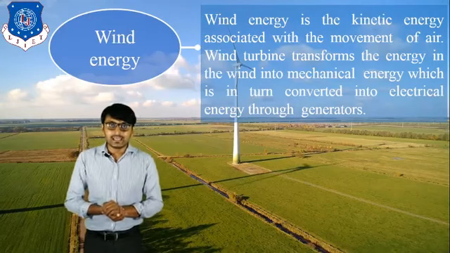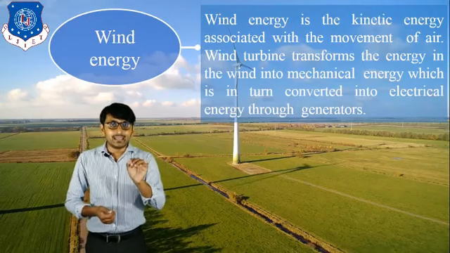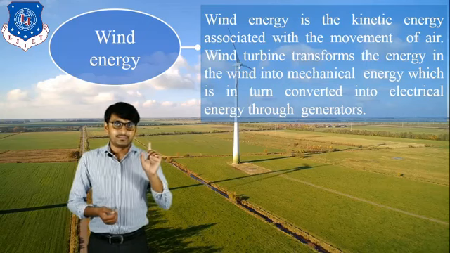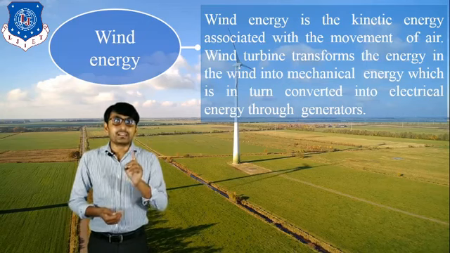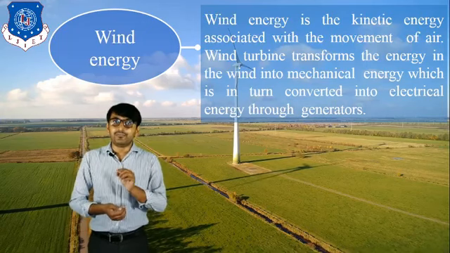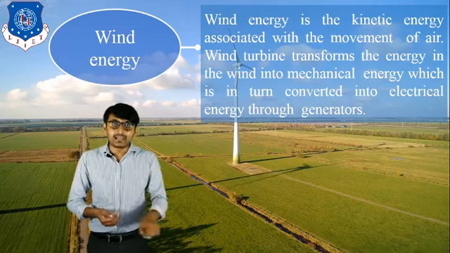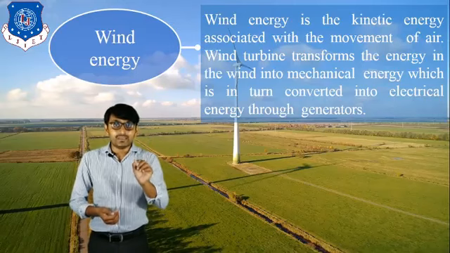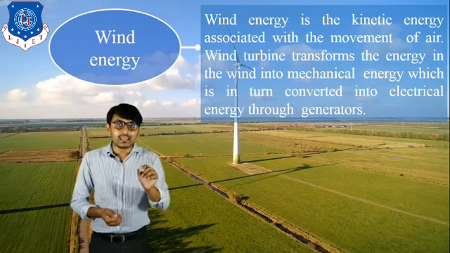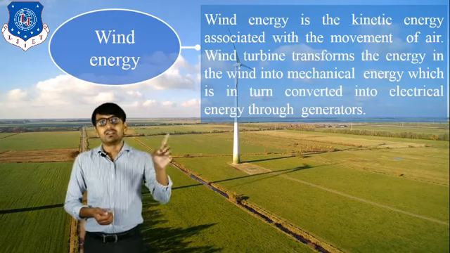Wind energy is the kinetic energy associated with the movement of air, and wind turbines convert the energy in the wind into mechanical energy, which is in turn converted into electrical energy through a generator.